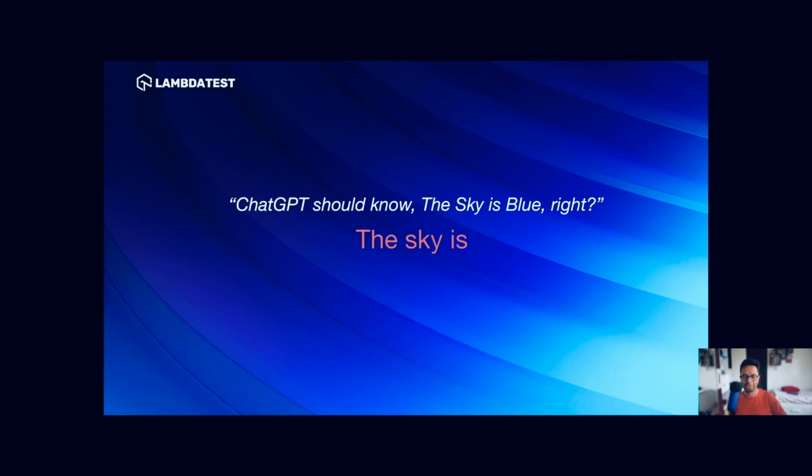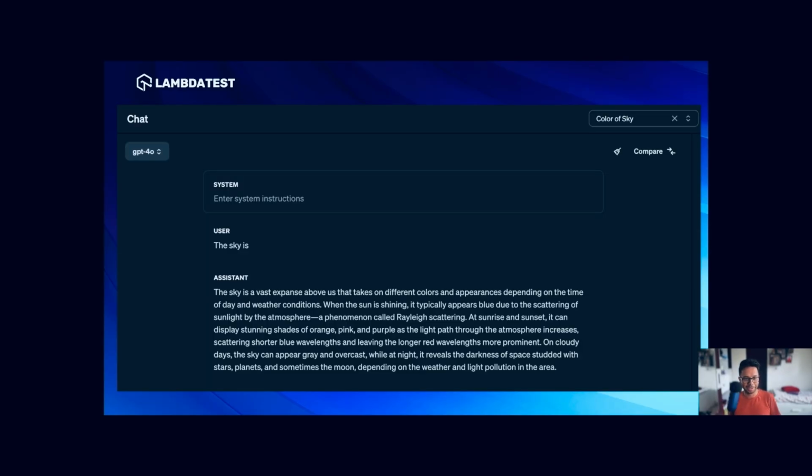You can pause and think about it a little bit, but for now, let me go ahead. The response ChatGPT gave me is: the sky is a vast expanse that takes on different colors and appearances depending on the time of the day, and so on, right? So you see here, it is being creative, because the job of these models is to be creative, which is absolutely right. But what I wanted was the sky is blue.